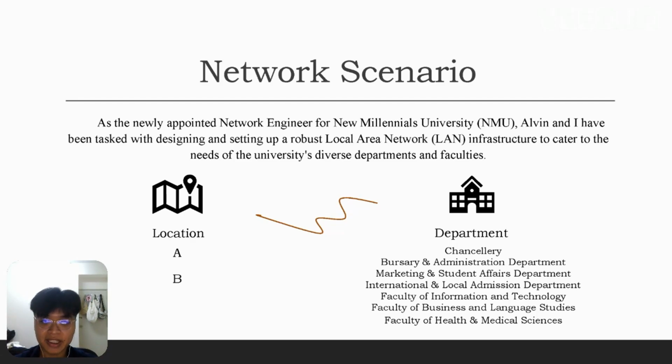In this university, there are 2 locations, location A and location B. There are also several departments in these 2 locations: Chancellery, Bursary and Administration Department, Marketing and Student Affairs Department, International and Local Admission Department, Faculty of Information and Technology, Faculty of Business and Language Studies, and also Faculty of Health and Medical Science.